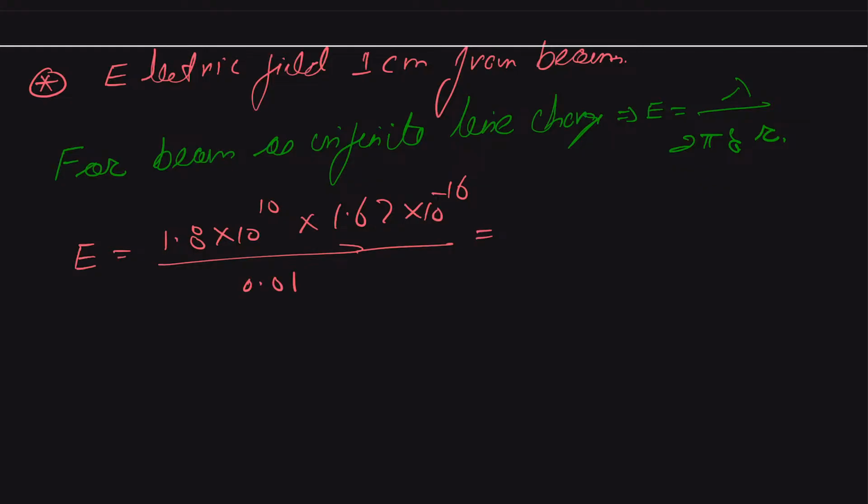So we get the value of the electric field in the lab frame. Let me write this as E_lab, approximately 3 into 10 to the power minus 4 volt per meter. And now we come to the rest frame.